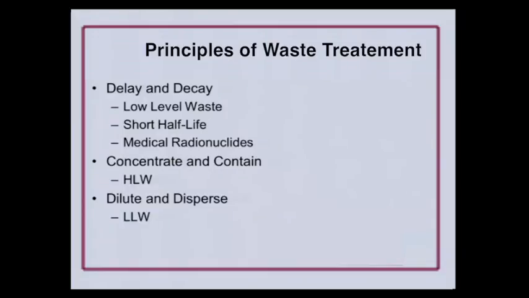Concentrate and contain is the primary one that's done for high-level waste. You'll recall the process we talked about there was after those big tanks were there to hold it up for a while so that the short-lived would decay, but then you have these long-lived isotopes that you have to deal with in high-level waste. And we evaporated the excess water off, concentrated it down to where we had solids, and that's this concentrate step here, and then basically contain it until you can do something with it.